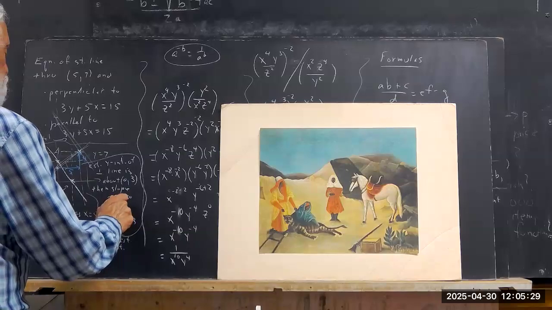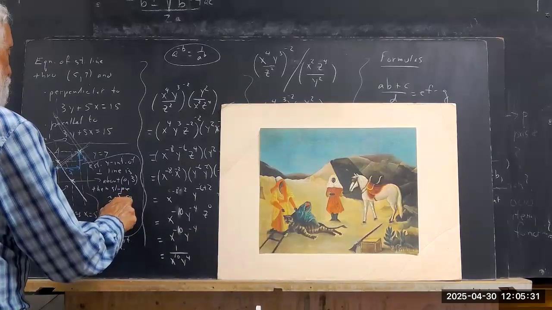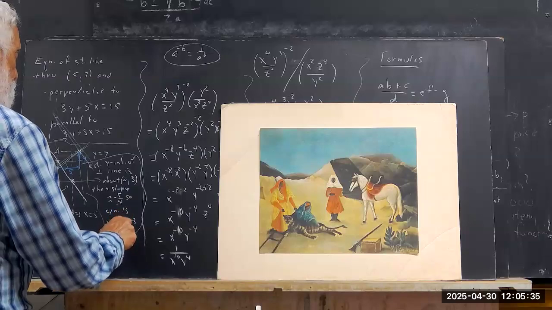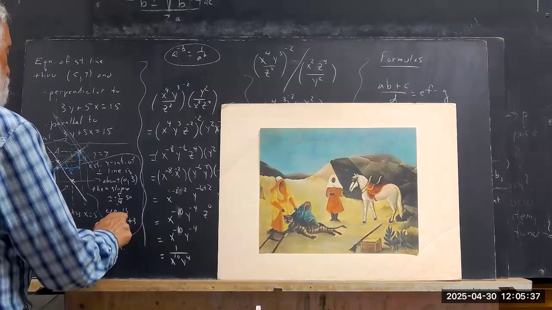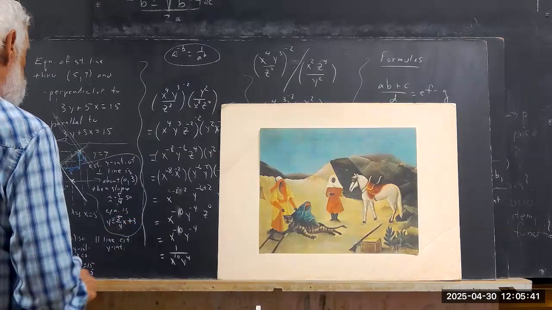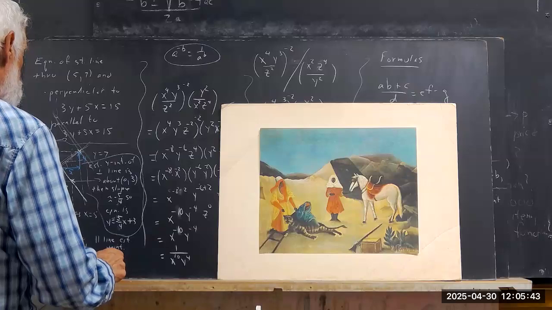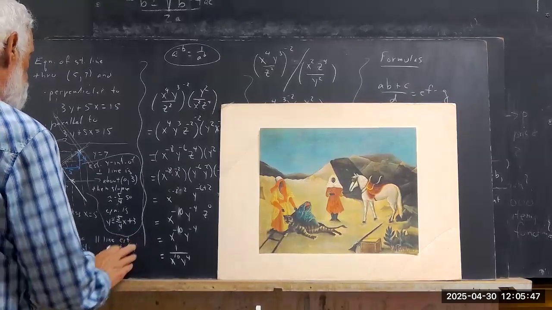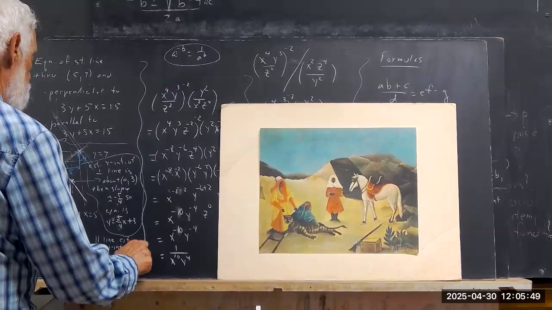Slope of the perpendicular line is -5/4. Negative reciprocal. Y-intercept is maybe 0? Sorry, yeah, (0, 14).